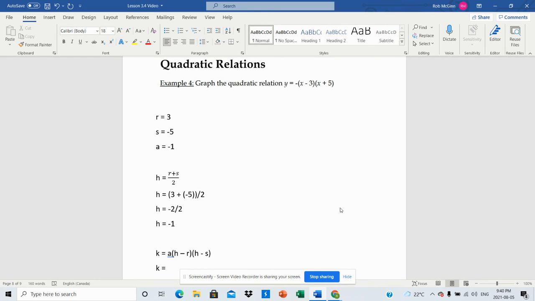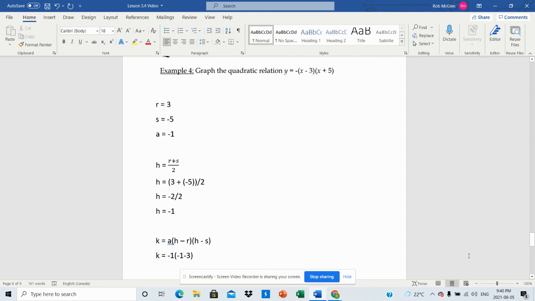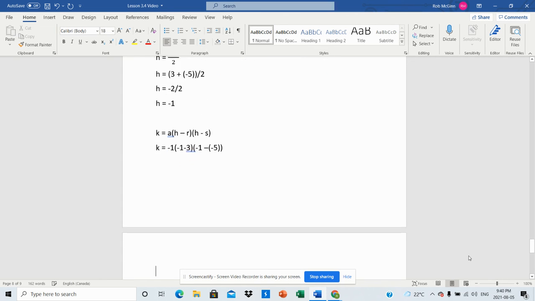So a minus 1 times h is minus 1, r is 3, so minus 1 minus 3, and h minus s is going to be minus 1 minus minus 5. Once again, simplify, and then once we've simplified, we can find out what k is.